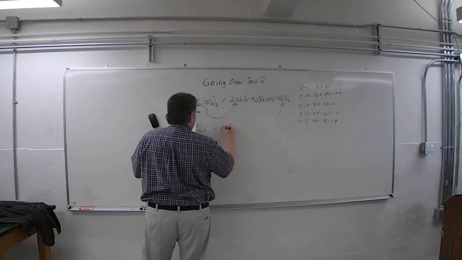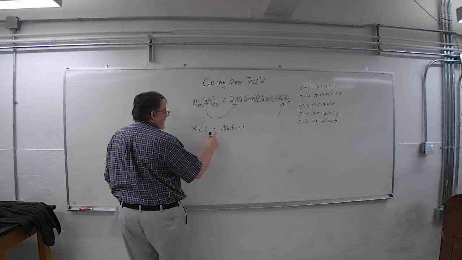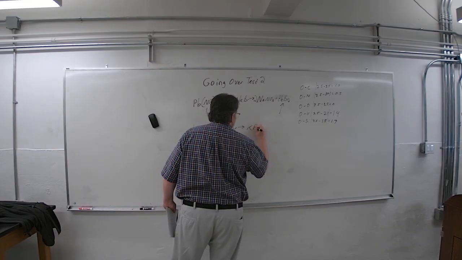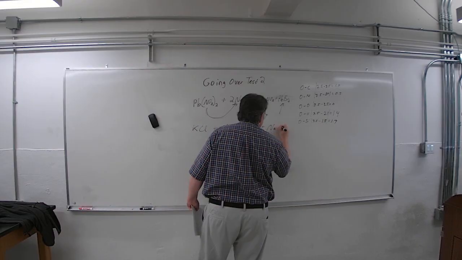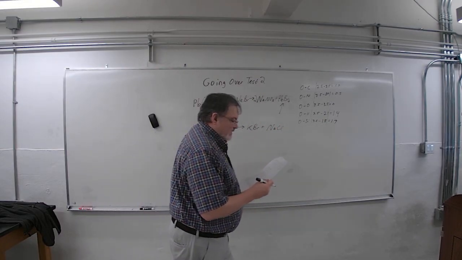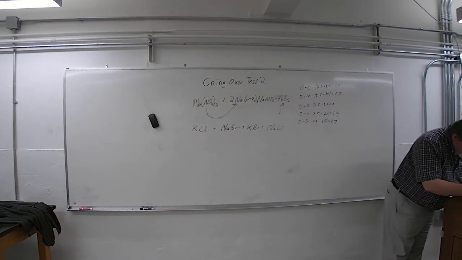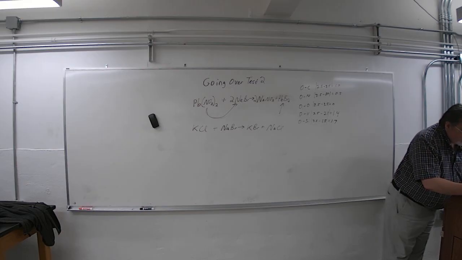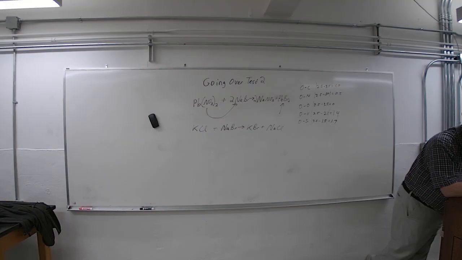KCl, NaBr. Swap the ions, we're going to have KBr, NaCl. Both of those are soluble, so this one's no reaction. So that should be E for 35. Is E. And my answer key is wrong.